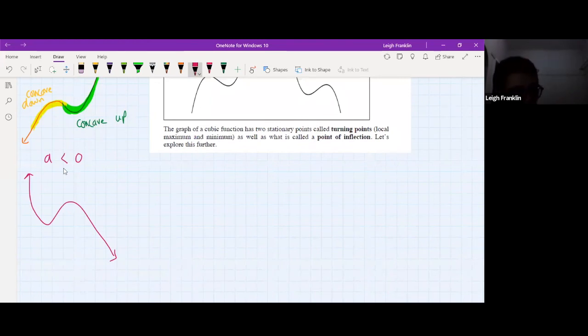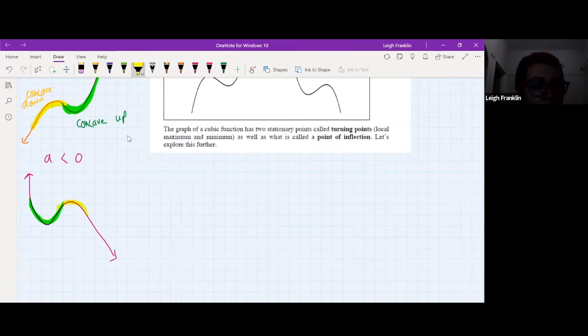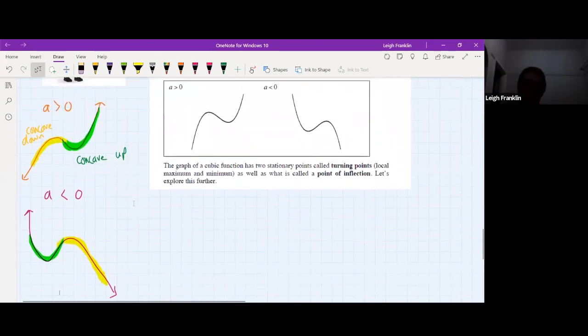Here it is first concave up, that's this bit there, and then that changes and it becomes concave down. So very important that we understand and learn that the sign of a affects the shape. You have to know that, right?